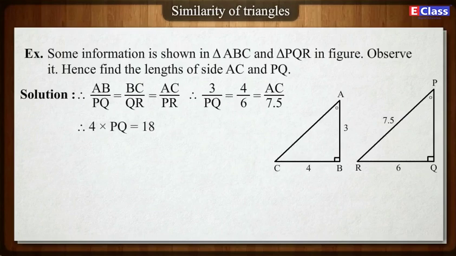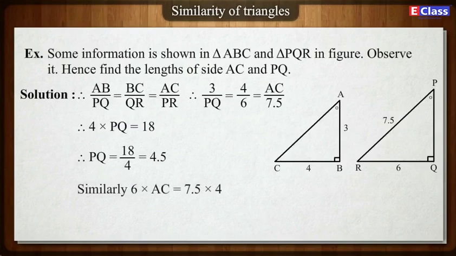Therefore, PQ is equal to 18 upon 4, which is equal to 4.5. Similarly, 6 multiplied by AC is equal to 7.5 multiplied by 4. Therefore, AC is equal to 7.5 multiplied by 4 upon 6, which is equal to 30 upon 6, which is equal to 5.